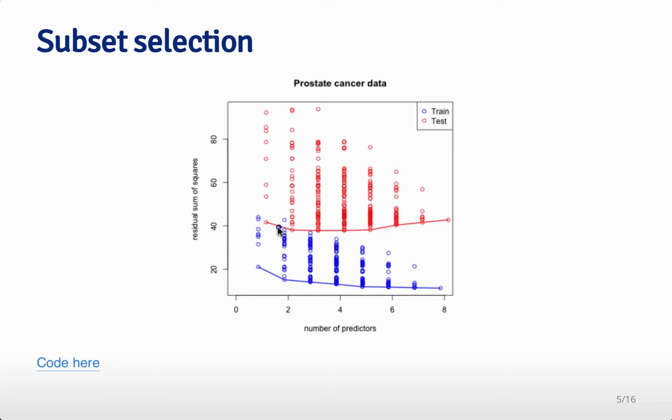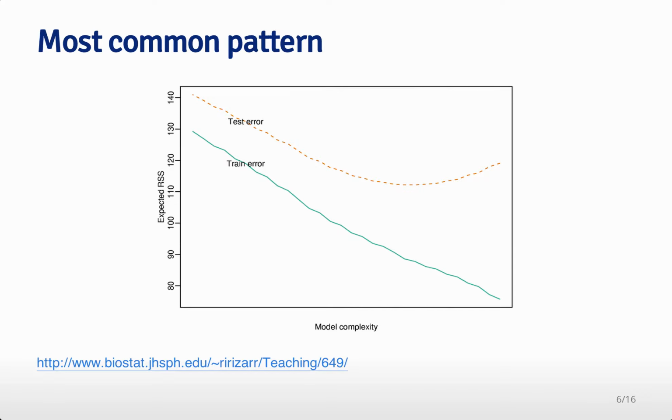But this is a typical pattern of what you observe in real data: on the test set, as the number of predictors increases, the error goes down, which is good, but then eventually it hits a plateau and starts to go back up again. This is because we're eventually overfitting the training data, and we might not want to include so many predictors in our model.